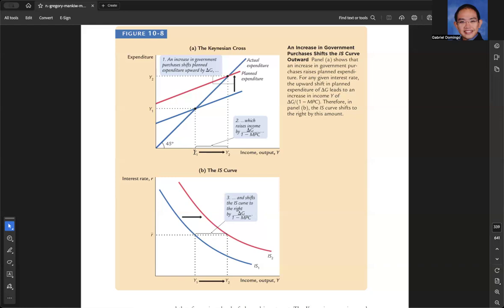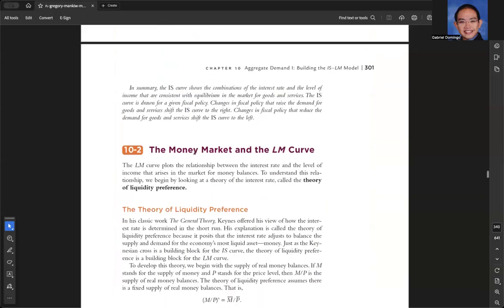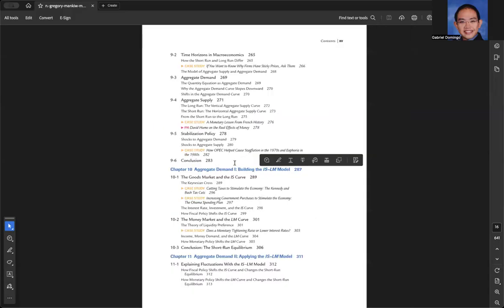Okay. So therefore, the multiplier will play a role whenever you're shifting the IS curve left and right. Okay. So that's the IS curve. Again, here, combinations of interest rate and income that are consistent with equilibrium in the market for goods and services.